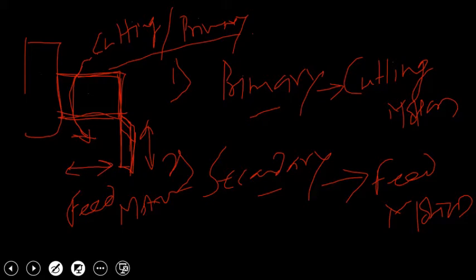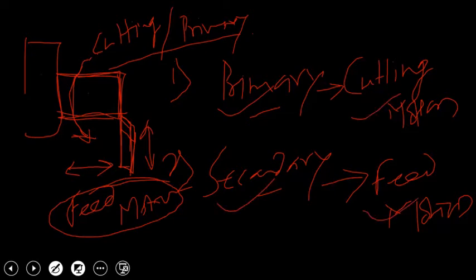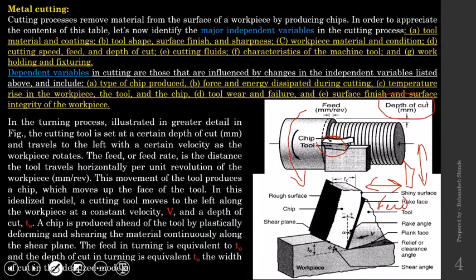So the other motion is the secondary motion that is provided to a cutting tool, and that motion is called feed motion. So there are two types of motion: primary, which is called cutting motion; secondary, which is called feed motion, and that we have differentiated with the help of this lathe operation. If you have any doubt, any query, let me know.